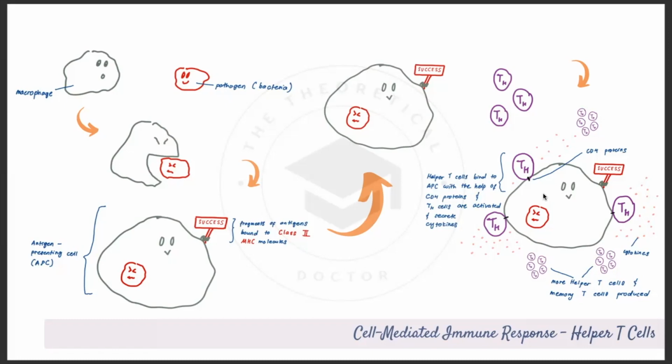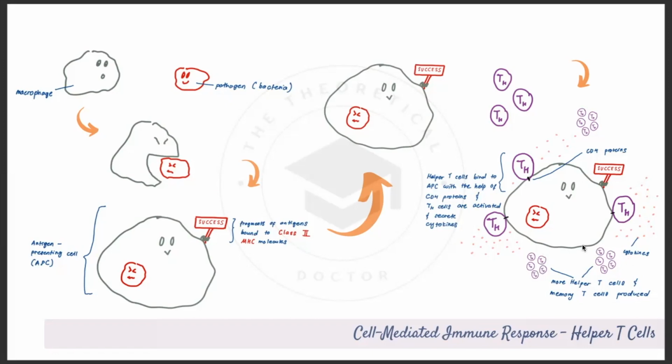And this interaction between the helper T cells and this antigen presenting cell will activate the helper T cells. So now after these helper T cells have become activated, they will secrete cytokines. You can see here they will secrete cytokines, and this will stimulate the helper T cells to divide repeatedly and produce more activated helper T cells as well as the memory T cells over here.